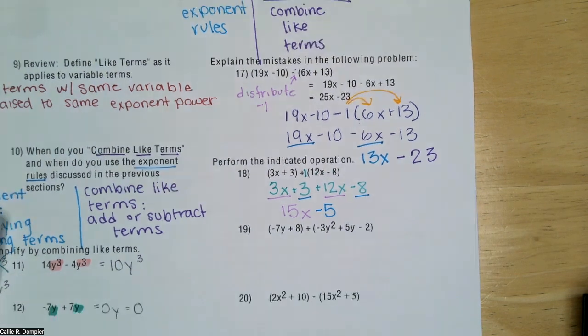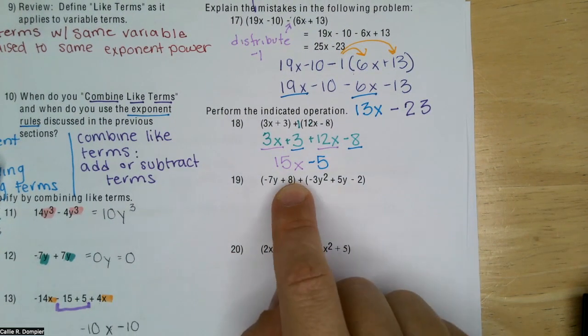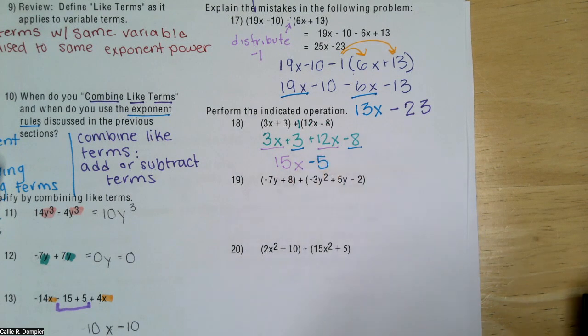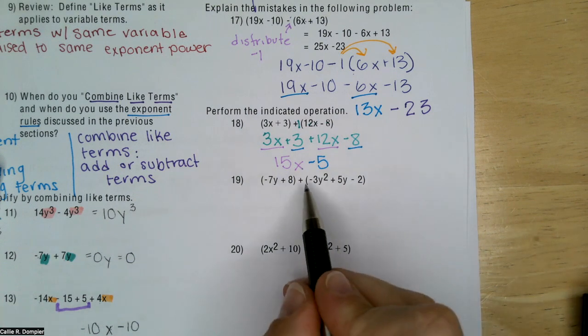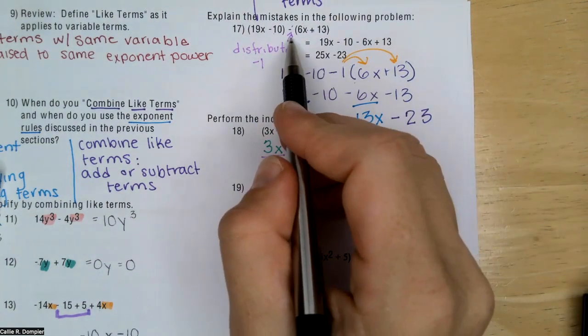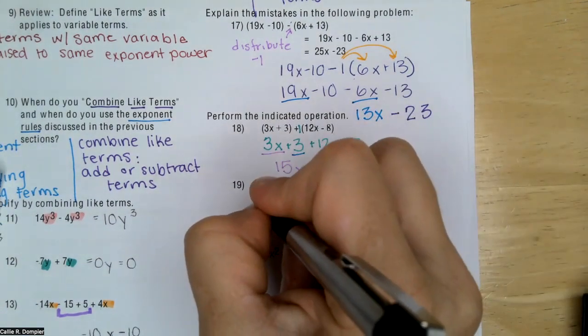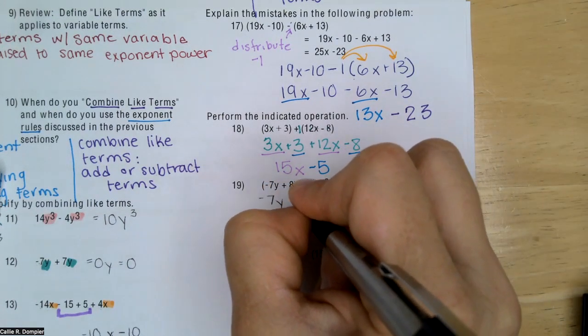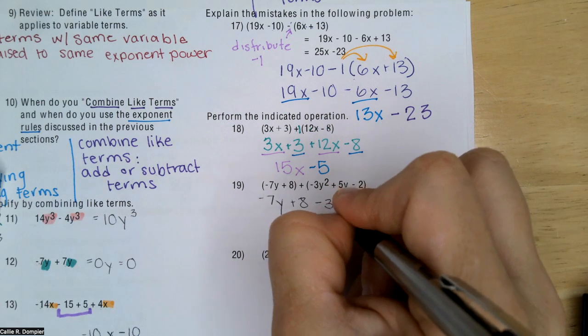Good. Again, it's a plus sign, so you don't need to worry about the parentheses. You can definitely ignore the parentheses because there's no number and there's no minus sign in front of it. So I'm just going to rewrite it as -7y plus 8 minus 3y squared, right?